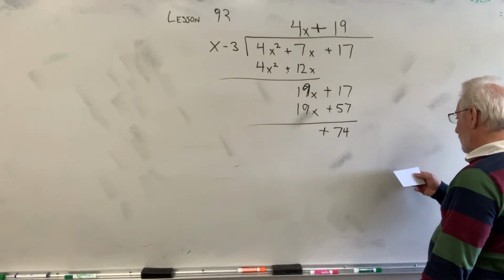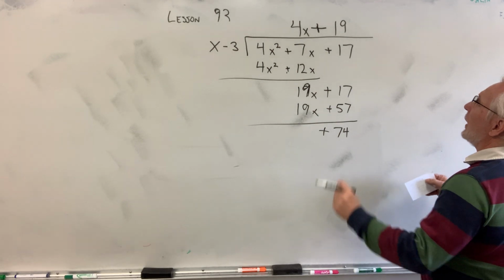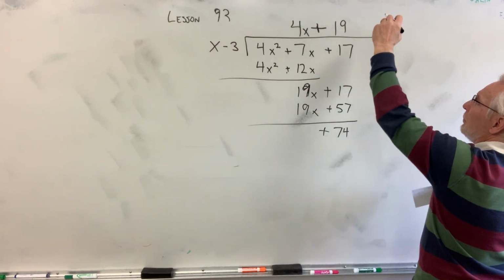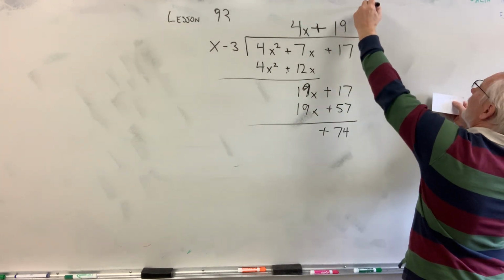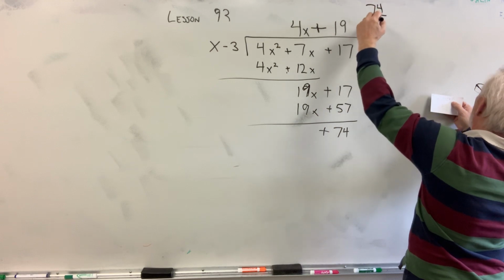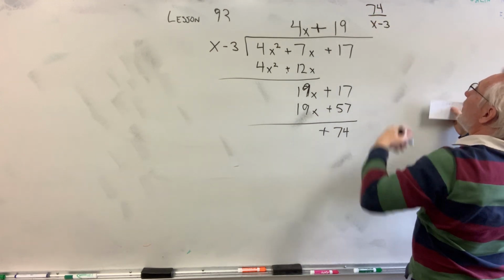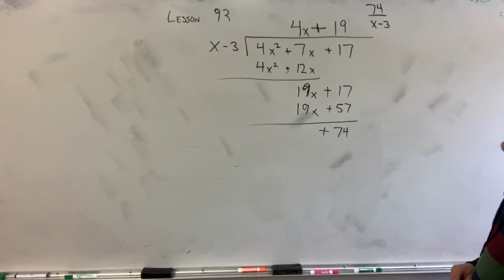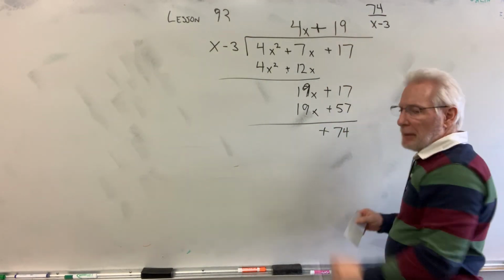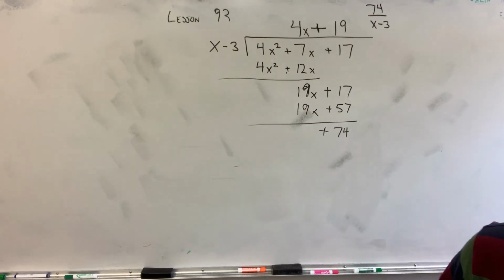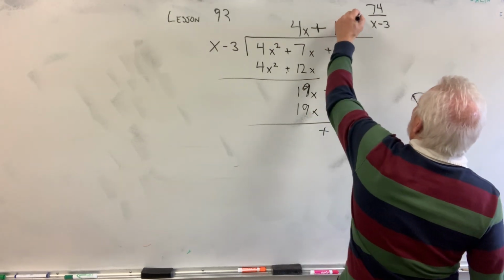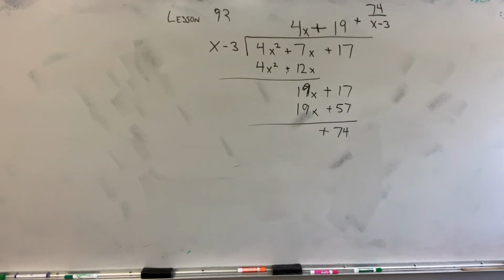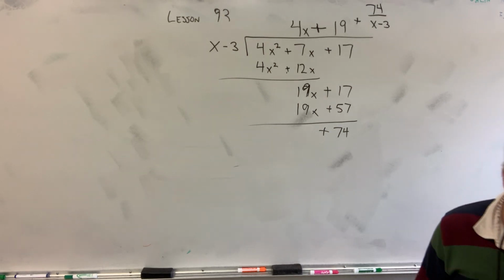Positive 74. And my remainder will then be 74 over x minus 3. And that would be a plus, because that's what you're left over with.